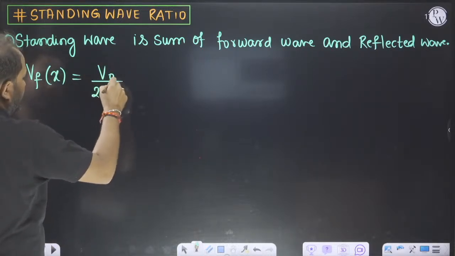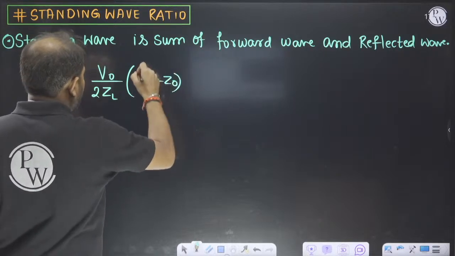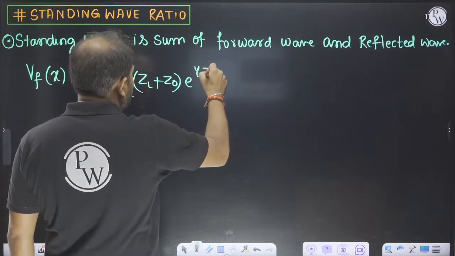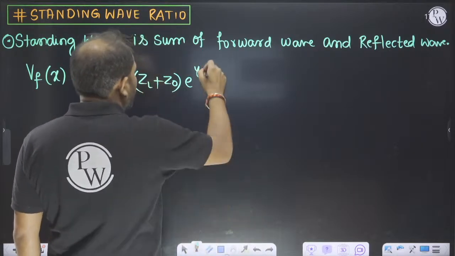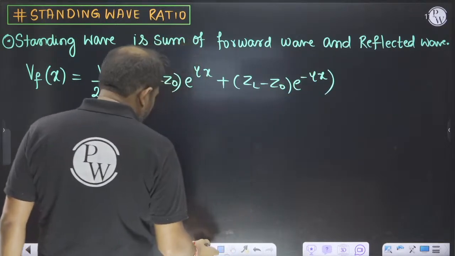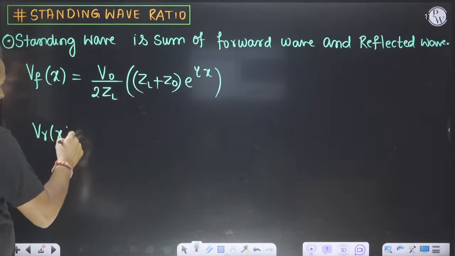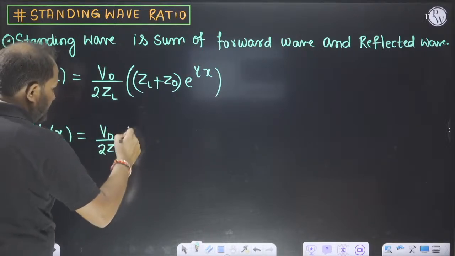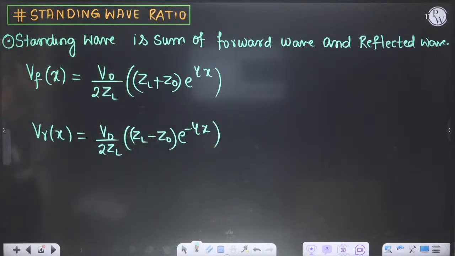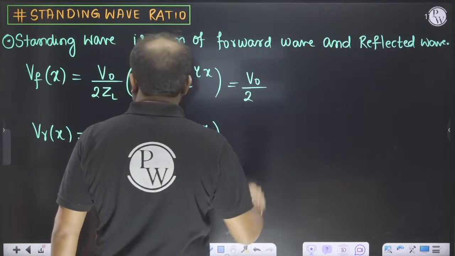So the forward voltage wave equation is V naught upon 2 ZL, (ZL plus Z naught) e to the power minus gamma X, and the second is the reflected wave, or reverse wave, (ZL minus Z naught) e to the power gamma X. In case of lossless, this gamma will be replaced by J beta.